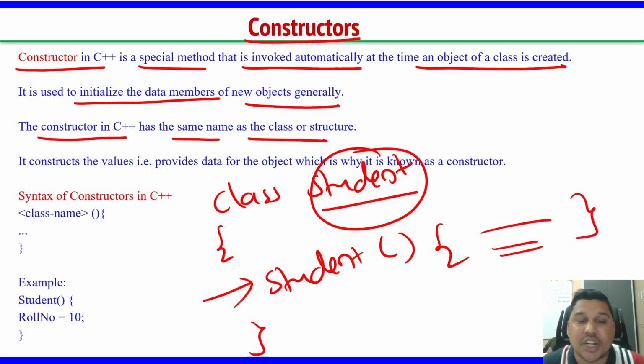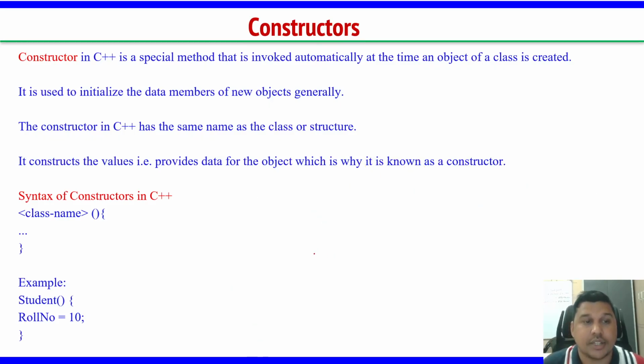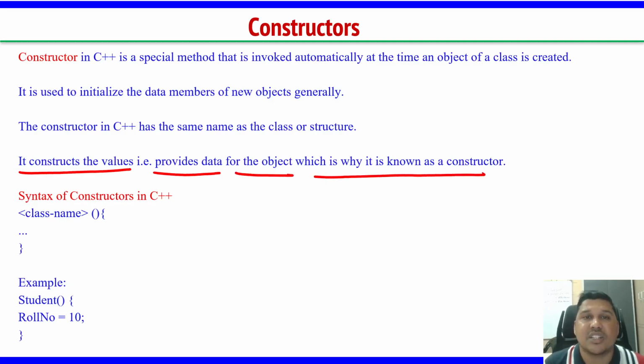So this is the constructor. When will this function execute? It will be executed when you create an object for this class student. It constructs the values, that is, it provides data for the object, which is why it is known as a constructor.